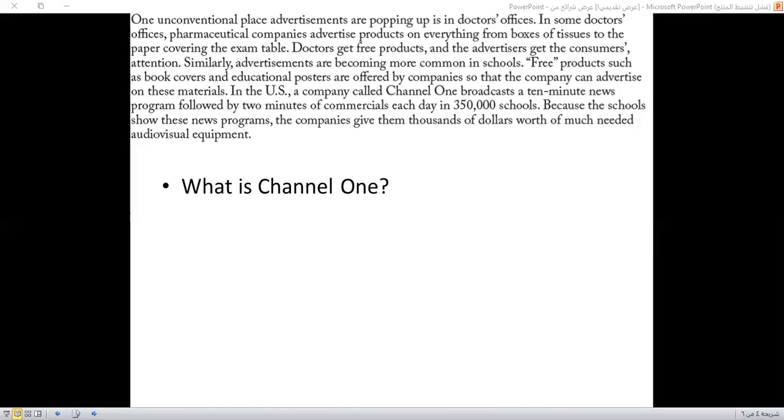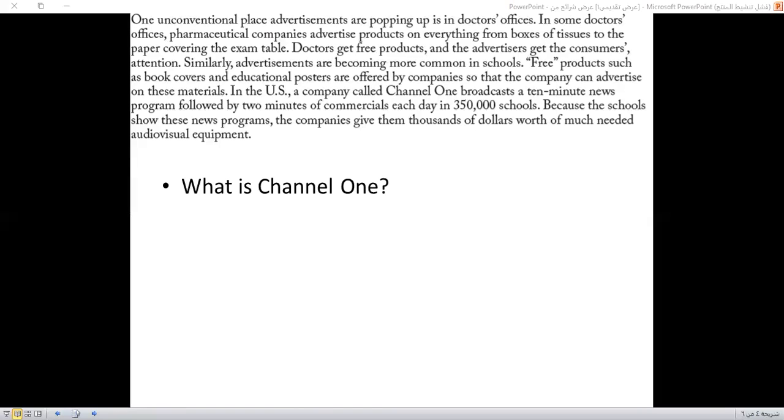Similarly, advertisements are becoming more common in schools. Free products, such as book covers and educational posters, are offered by companies so that the company can advertise on these materials. In the U.S., a company called Channel One broadcasts a 10-minute news program followed by 2 minutes of commercials each day in 350,000 schools. Because the schools show these news programs, the companies give them thousands of dollars worth of much-needed audiovisual equipment.